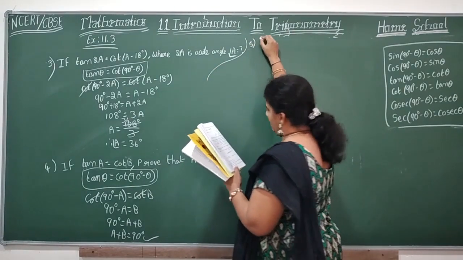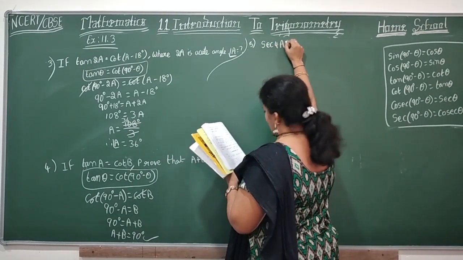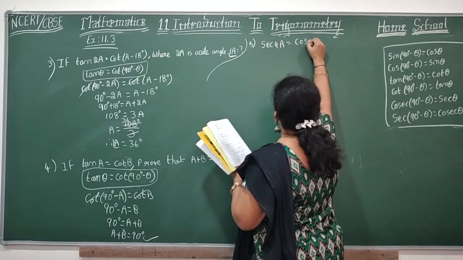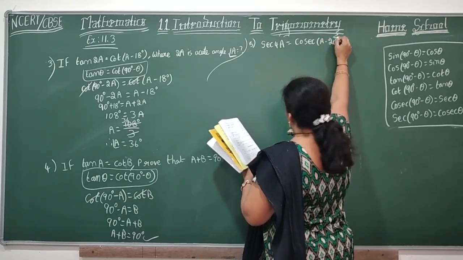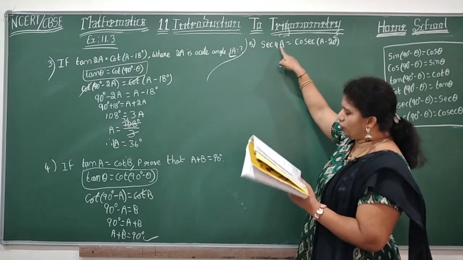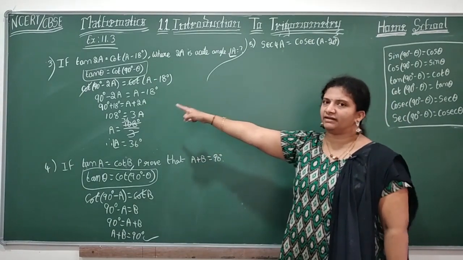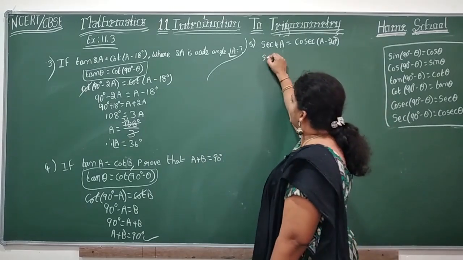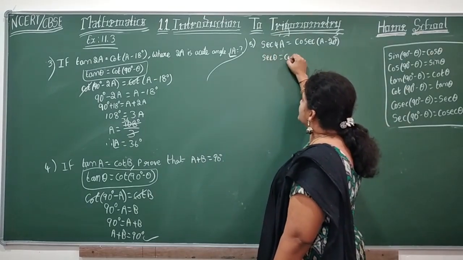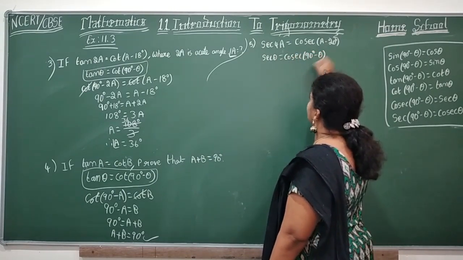Fifth problem. If secant 4A is equal to cosecant (A minus 20 degree), where 4A is acute, find the value of A. Same similar pattern, children. Now, which formula you are going to remember here? Secant theta is equal to cosecant of 90 degree minus theta.